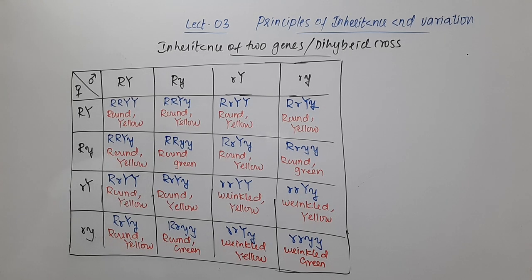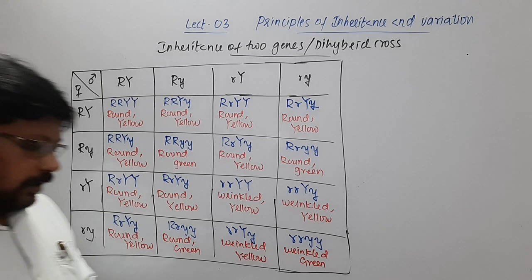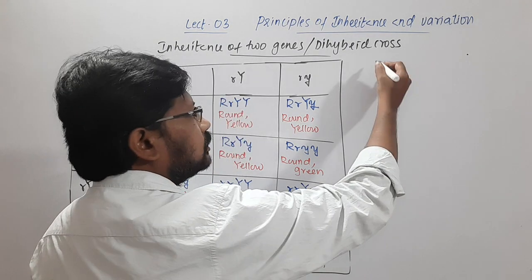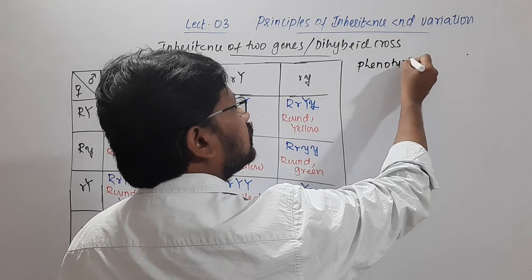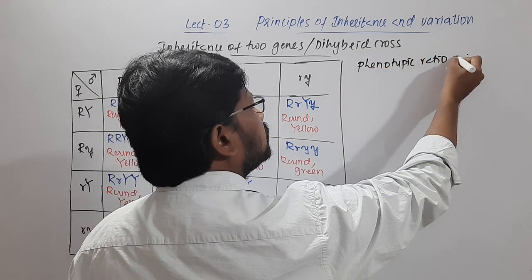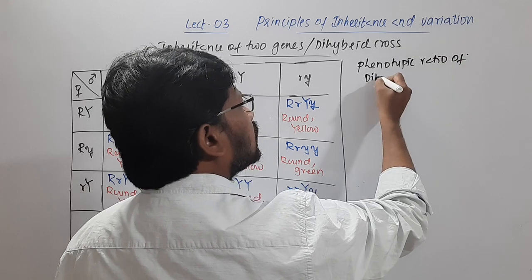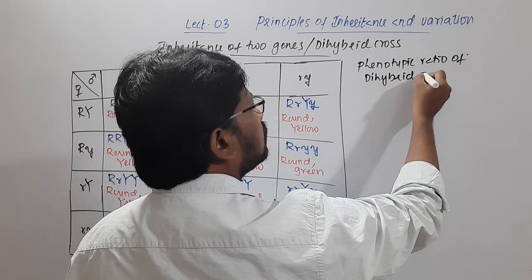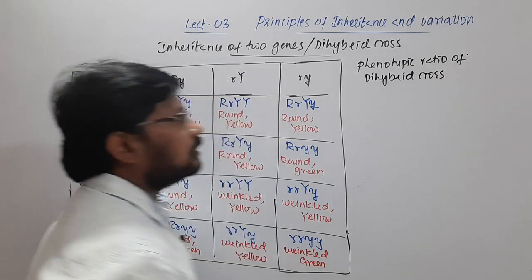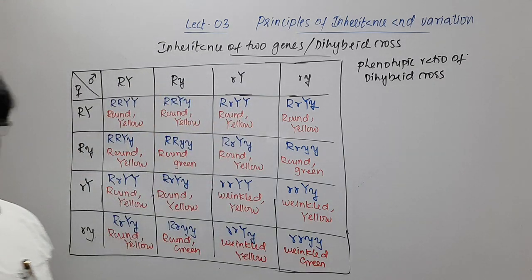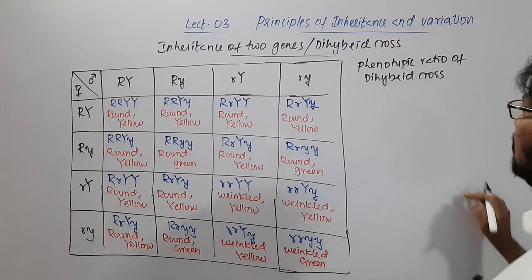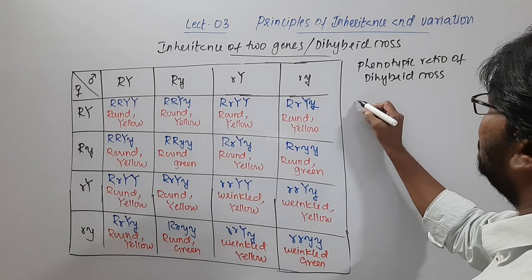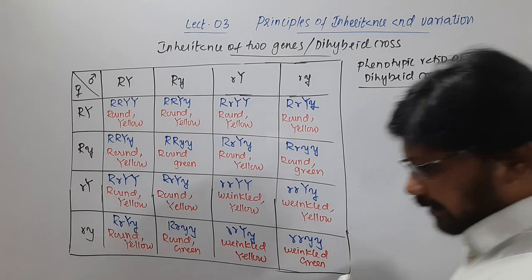Now from this we need to draw the phenotypic and genotypic ratios. So first we'll see the phenotypic ratio of the dihybrid cross. What will be the phenotypic ratio of the dihybrid cross? So we'll see here.